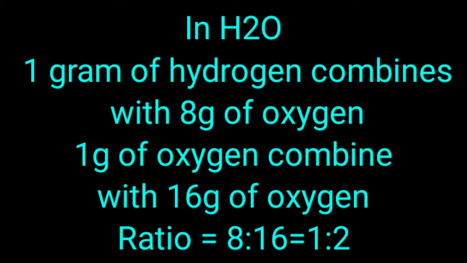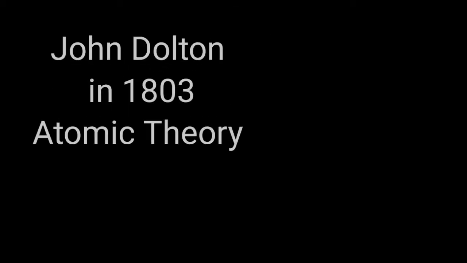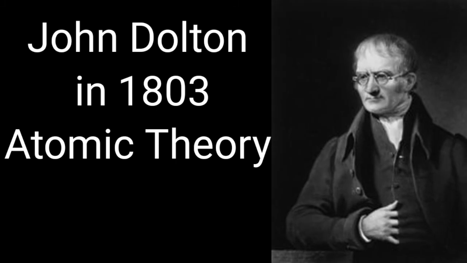Hydrogen is always 1 gram, either combined with 8 grams of oxygen in water or 16 grams of oxygen in hydrogen peroxide, and hence the ratio of oxygen combining with the same mass, 1 gram of hydrogen, is 8:16 or 1:2, and 1:2 is a simple ratio.